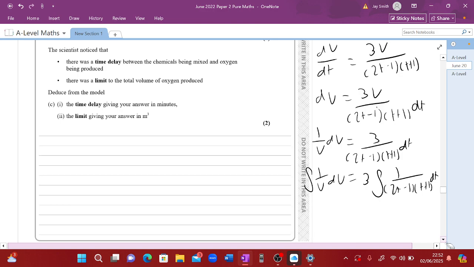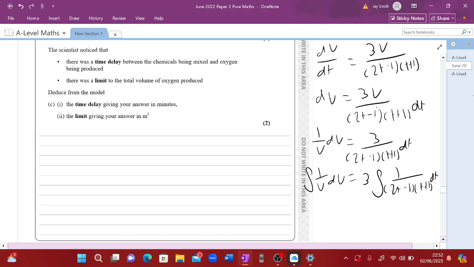But then you should realise that a fraction like this integrates to the form of ln mod. And then I use log rules to find the missing values and go on from there. So ln v is going to be logs of this as well.